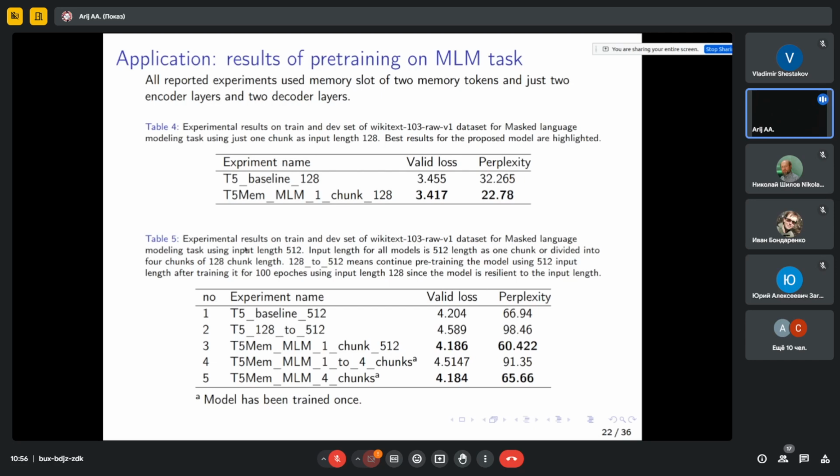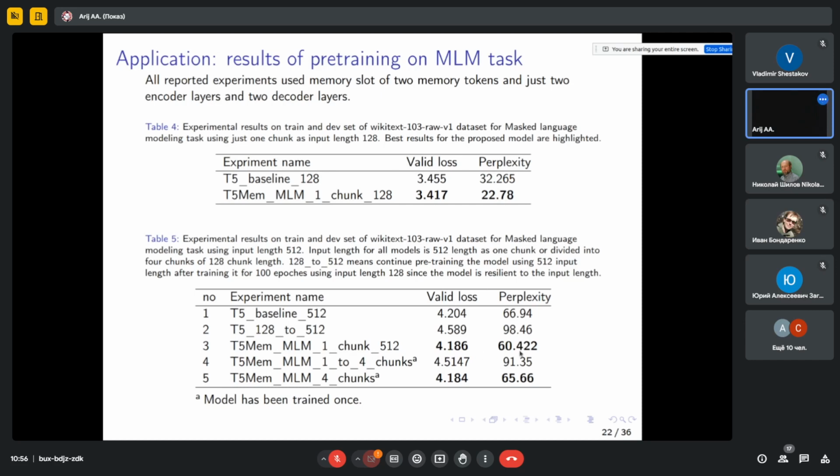In table 5, looking at lines 1, 3 and 5, we compare the proposed model with the baseline using a chunk of 512 tokens.